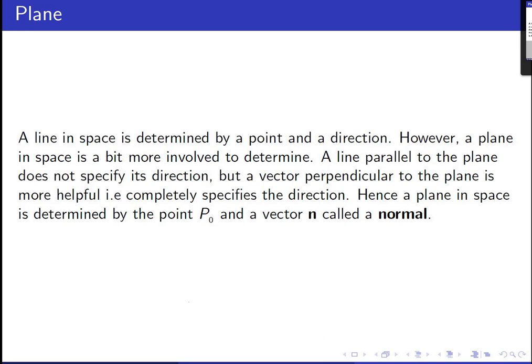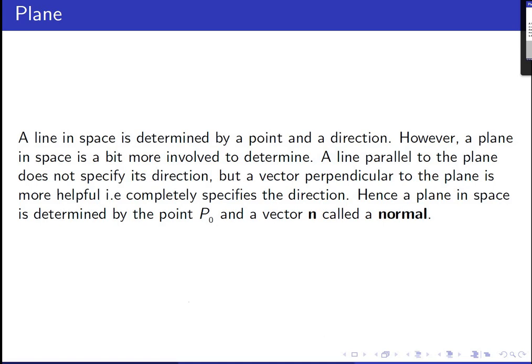A line parallel to the plane does not specify its direction, but a vector perpendicular to the plane is more helpful, which is a norm. So we can only find the direction by means of a norm, not a line that is parallel to a plane.